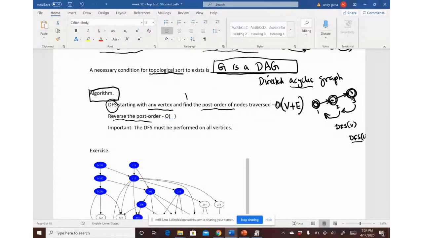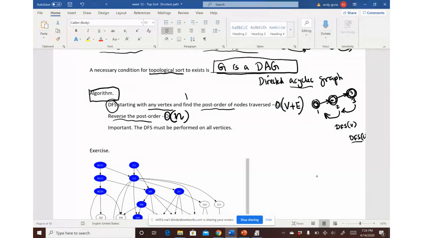And then once you find the nodes in the post order, what is the complexity of reversing it? Yeah, so the complexity of reversing is n.